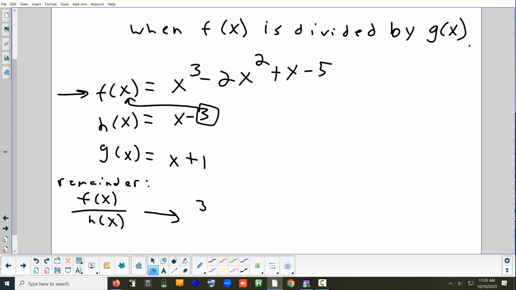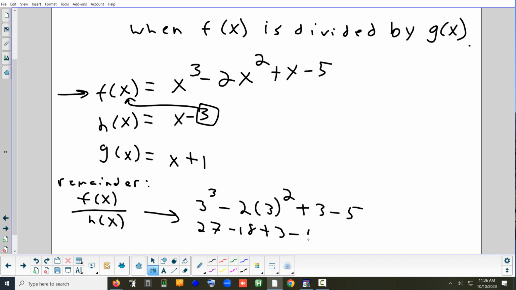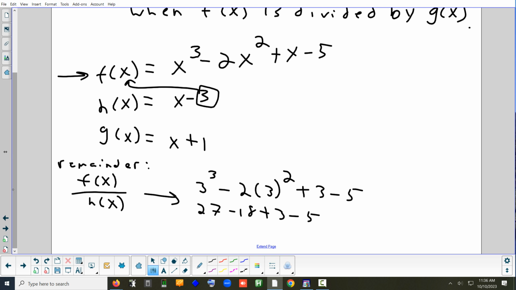So we're going to have 3 cubed minus 2 times 3 squared plus 3 minus 5. So we get 27 minus 18 plus 3 minus 5. 27 minus 18, that's going to give me how much?